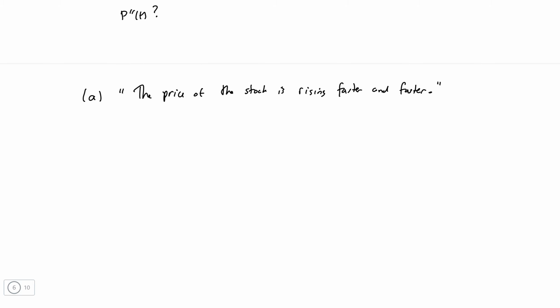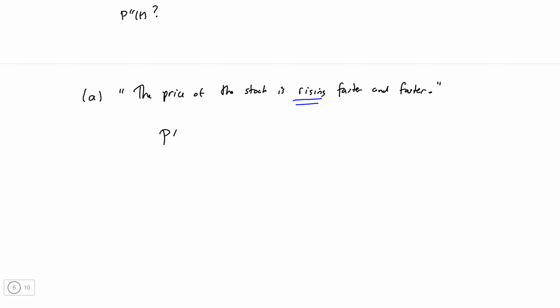For the first statement, let's go with: the price of the stock is rising faster and faster. Well, the first thing to think of here is the rising part. That tells us increasing.